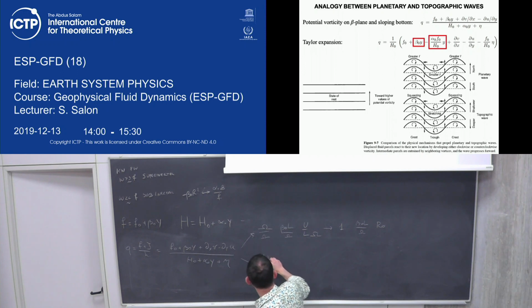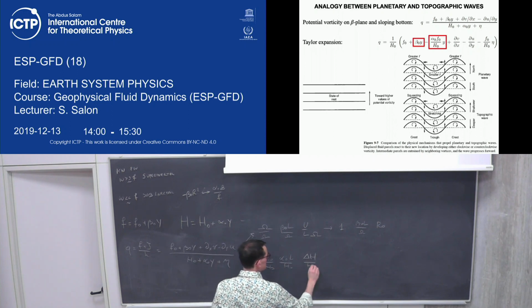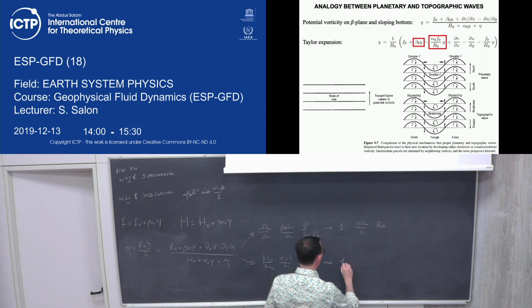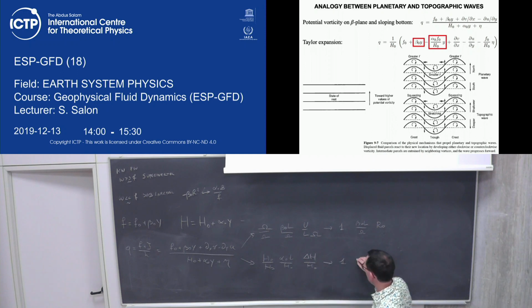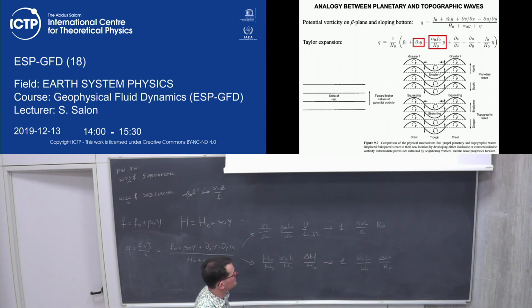So we have H0, alpha 0, L, and delta H. We divide all by H0, and we obtain again 1. Then we have alpha 0 L over H0, and then delta H over H0. So these two terms, again, are much smaller than 1 because of the hypothesis that we have considered.